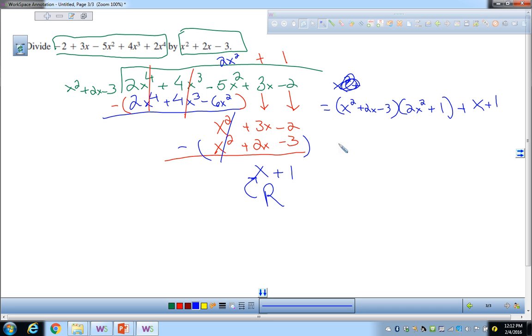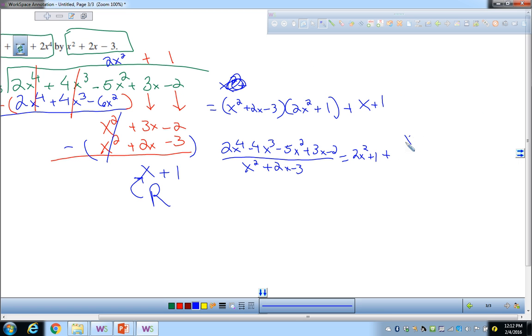This is the same as saying that 2x to the 4th minus 4x cubed minus 5x squared plus 3x minus 2, divided by x squared plus 2x minus 3, is equal to 2x squared plus 1 plus x plus 1 over x squared plus 2x minus 3. So this is another way to write the same result.